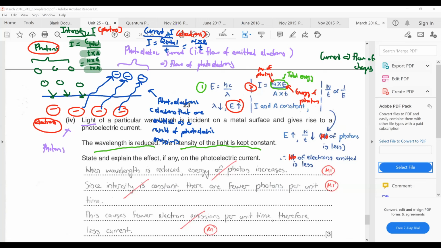So when you're talking about N times e over T, this e is the charge of an electron.